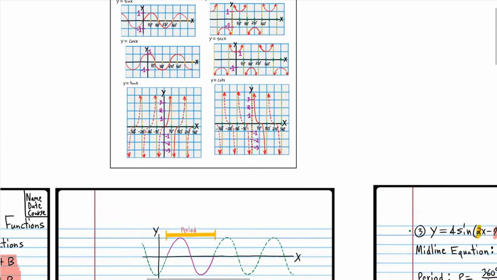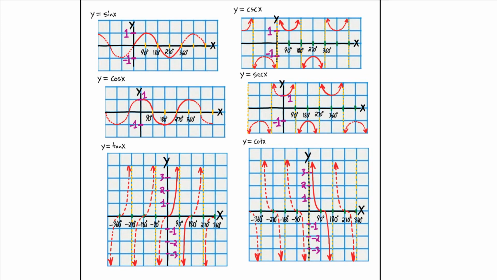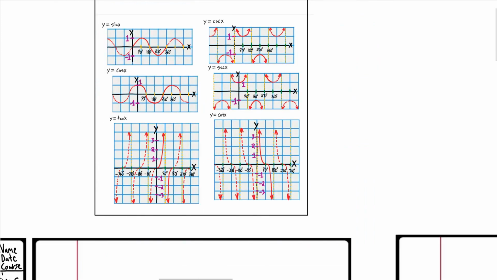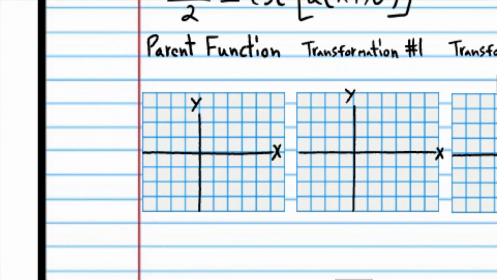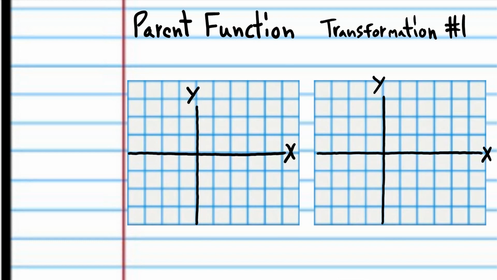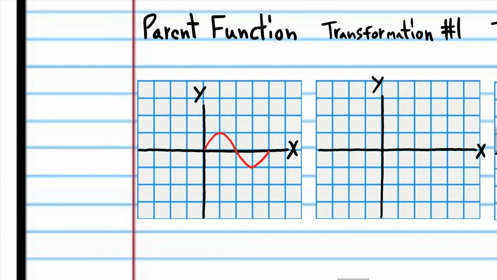go ahead and get a screenshot of these if you haven't already gotten one. You're going to want to look at that cosecant curve at the upper right. The way that we can help ourselves draw this is by first drawing the sine curve. So that's the sine curve, and everywhere where the sine curve crosses the x-axis, you're going to have a vertical asymptote.